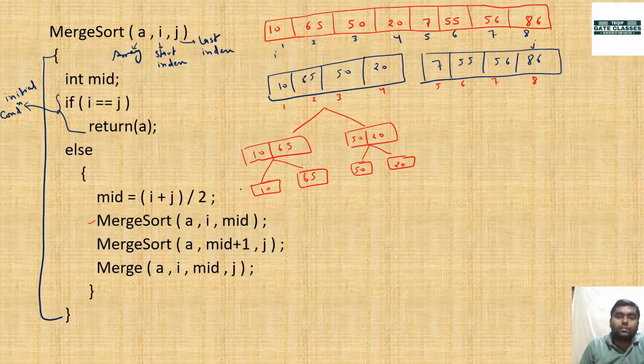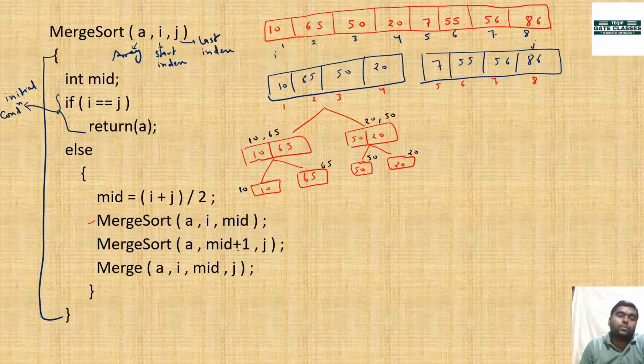This final result will be 10 and this final result will be 65. Here also it is 50 and 20, and here it is 20 and 50.